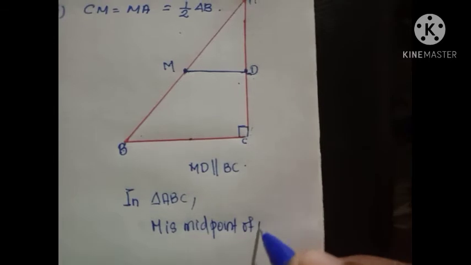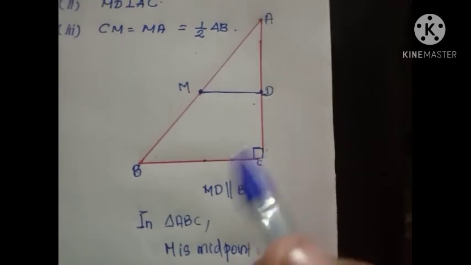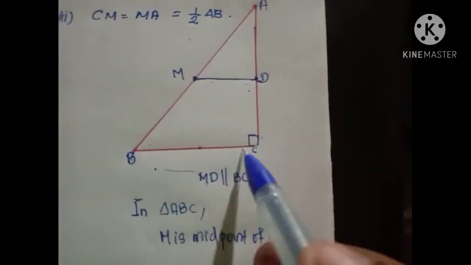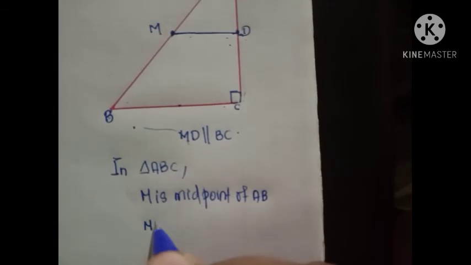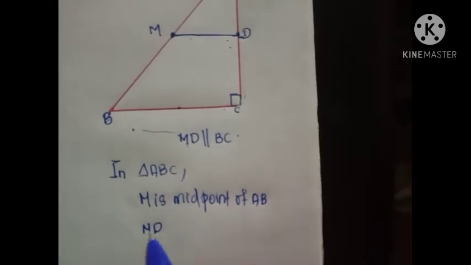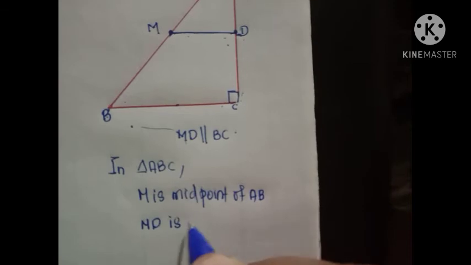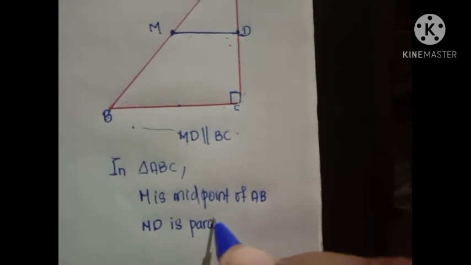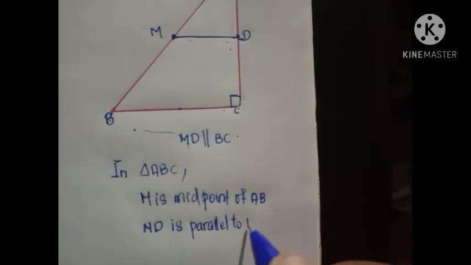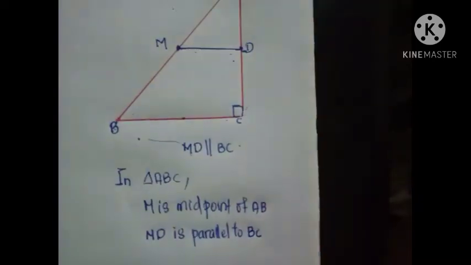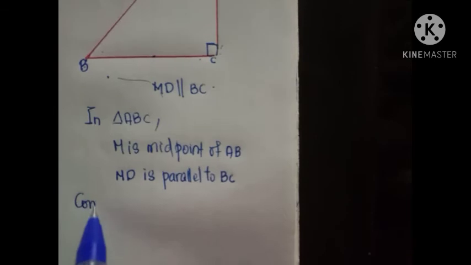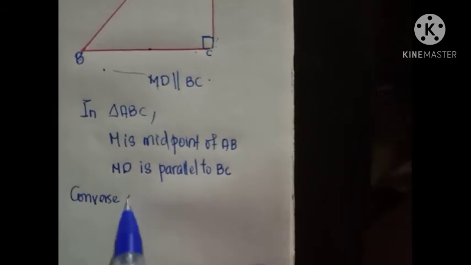That is given in the question. And this line MD is parallel to BC, by our construction. So in this case we can apply the converse of the midpoint theorem.